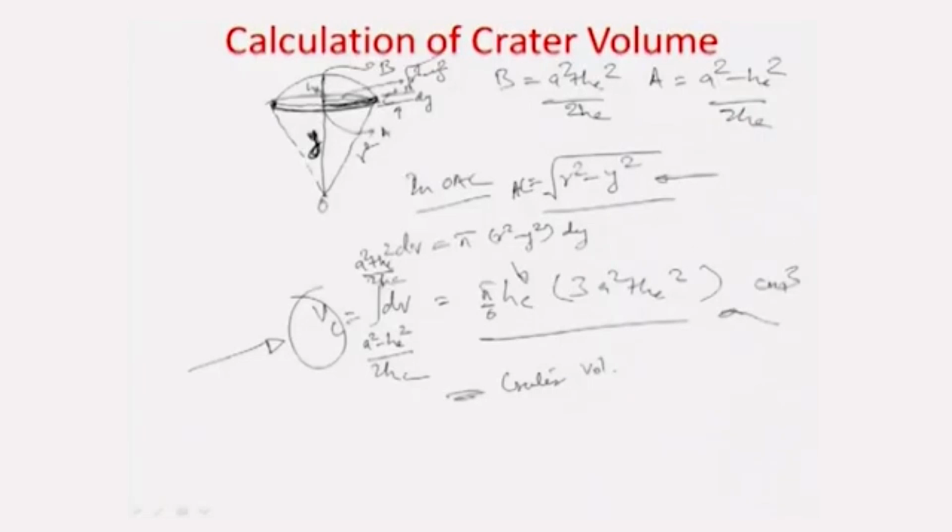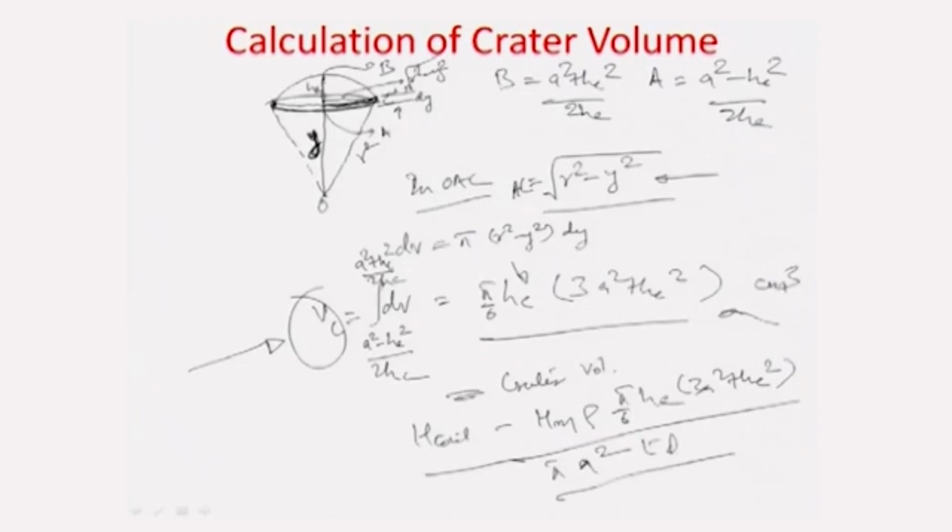And the net heat which is available now is the total heat H total minus Hm times rho, the density of the material, times this crater volume. Okay, so it's H total minus Hm times rho times pi by 6 hc (3a square plus hc square), and this you can of course make per unit area per unit time because it's the heat flux essentially.